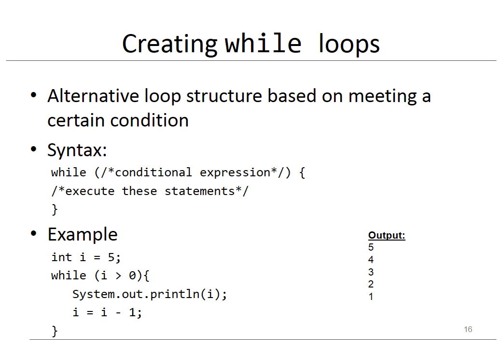Obviously, 5 is bigger than 0, so the loop is entered. First, the value of I is displayed to the console. Then, it is decreased with 1 unit and the loop starts again until the condition is no longer satisfied. In other words, the output of this while loop will be the values 5, 4, 3, 2, and 1.